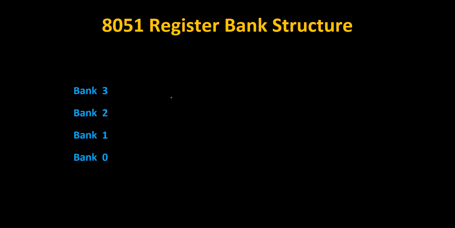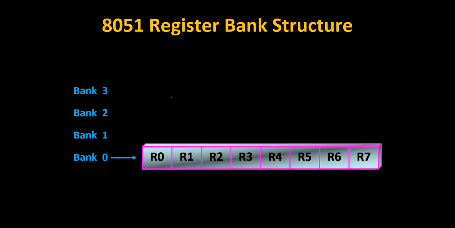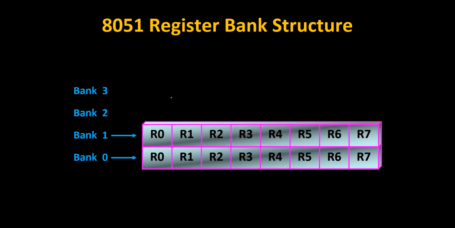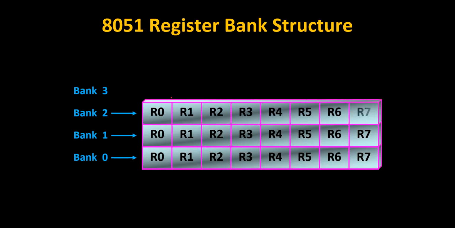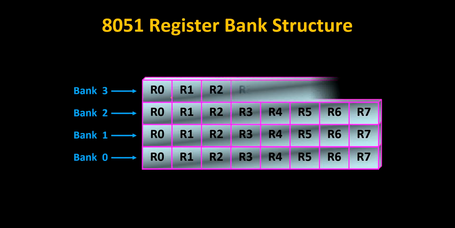The 8051 register bank structure: bank 0, bank 1, bank 2 and bank 3. Bank 0, as I told, consists of R0 to R7. Similarly bank 1, R0 to R7, bank 2 and bank 3. We should remember that each bank has 8-bit registers.